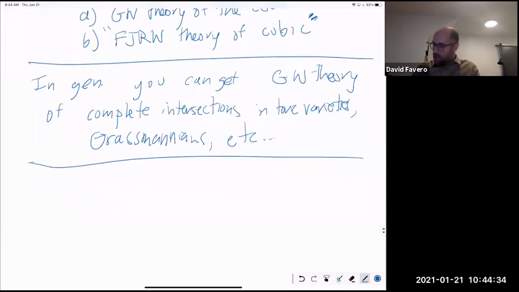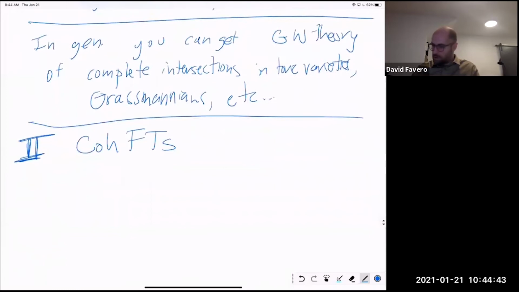So now that was GLSMs. I'm on to section 2, which was cohomological field theories. So definition, which goes back to Kontsevich, Manin.